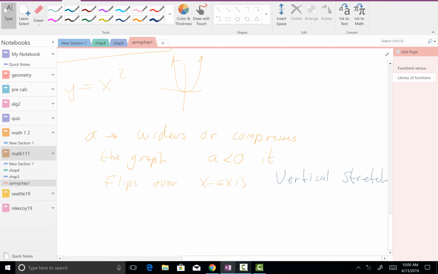Give me an A value that compresses. The further away from 0 it gets, the more compressed it gets. It widens out completely, flat at 0. The further negative you go, or the further positive you go away from 0, the narrower your graph gets.